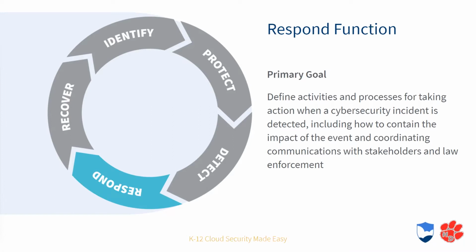But what you need to do, before anything happens, is develop runbooks or playbooks. If we use email compromise as an example, at some point you or your end user become aware that there's an account being misused.